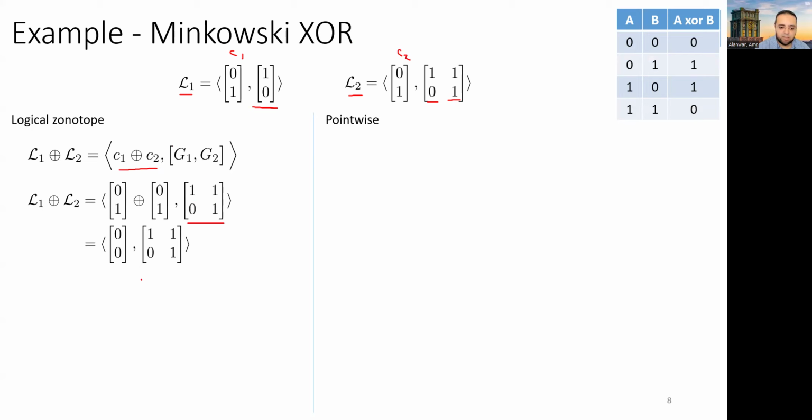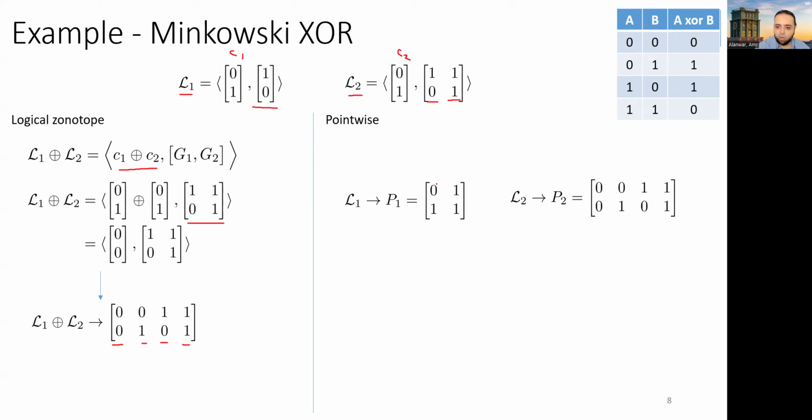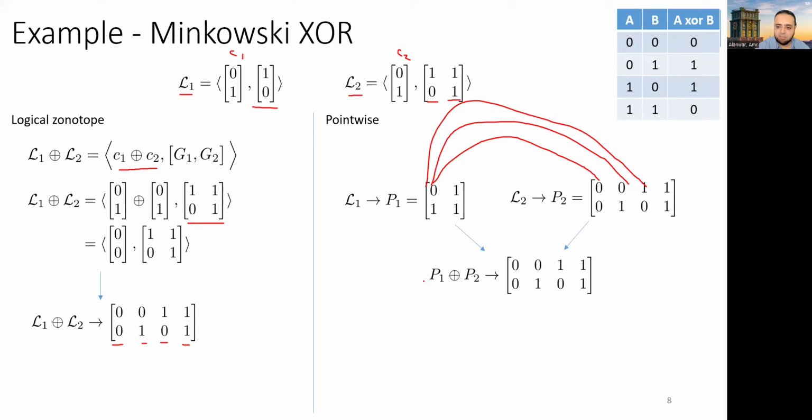If you would like to convert it into points, you will get 4 binary vectors, 0, 0, 0, 1, 1, 0, and 1, 1. And if you do it in the point domain by converting each logical zonotope from the beginning into points, and then do the Minkowski XOR by 4 loops over all the points, you will get the same 4 binary vectors.